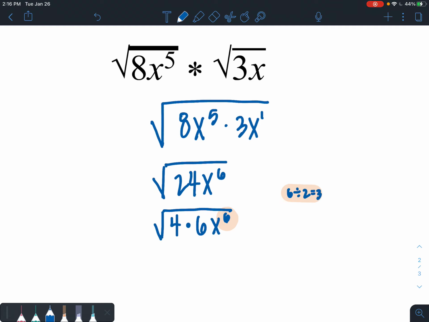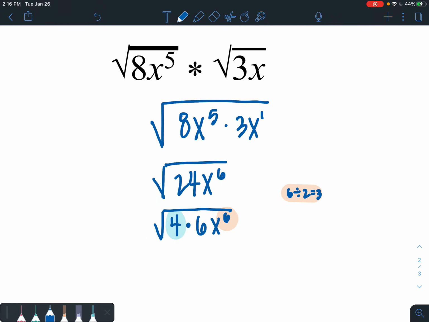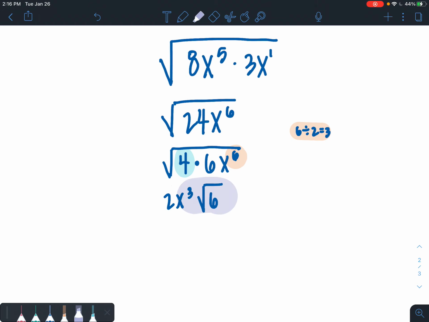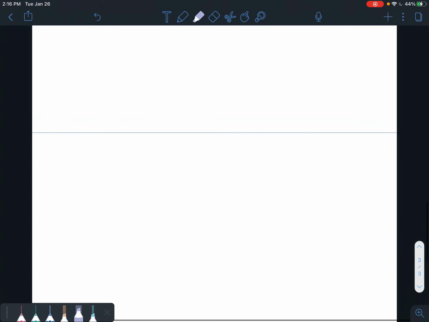Gives us 3. And taking the square root of that 4, the square root of 4 is 2. So we get 2x to the 3 times the square root of 6, and that right there is our final answer. Okay.